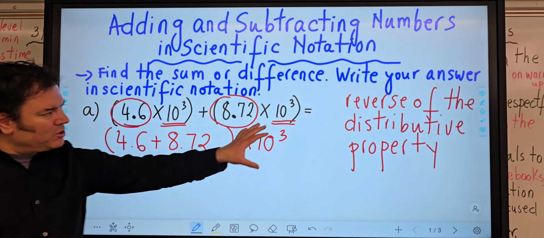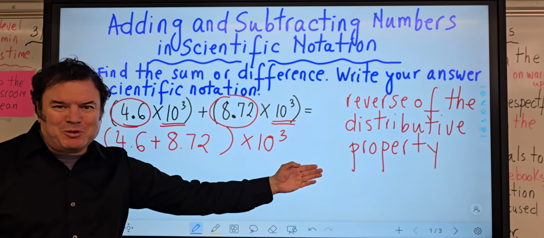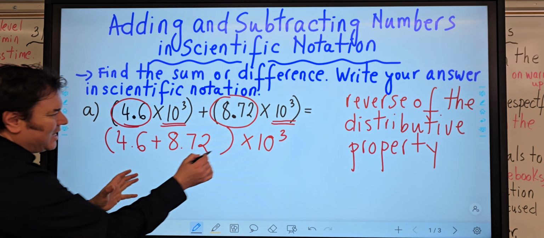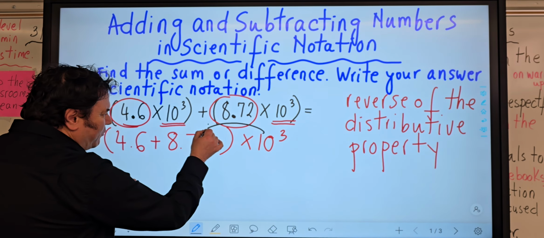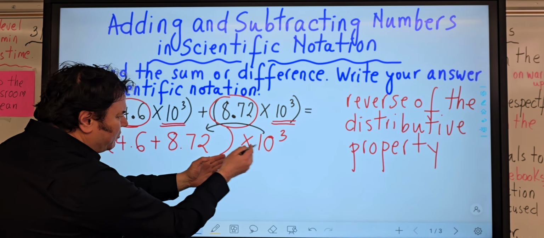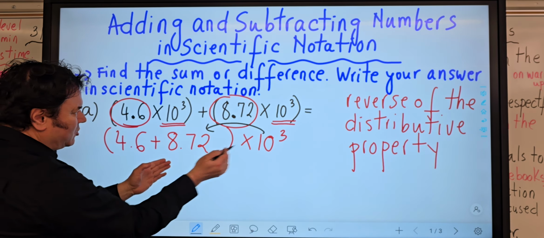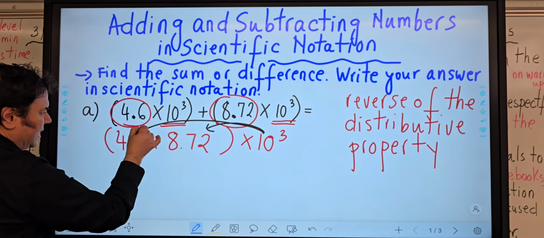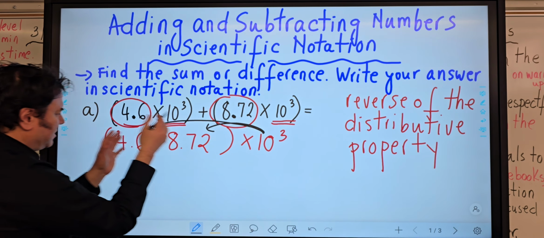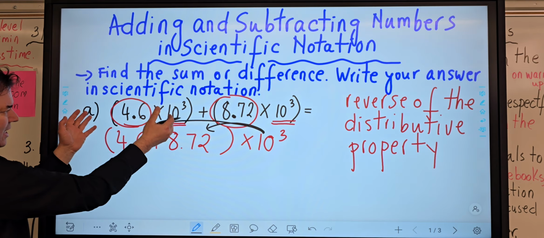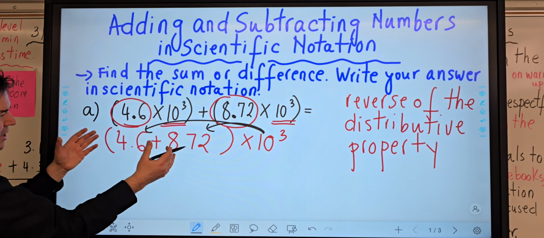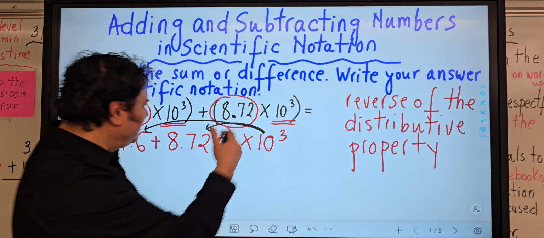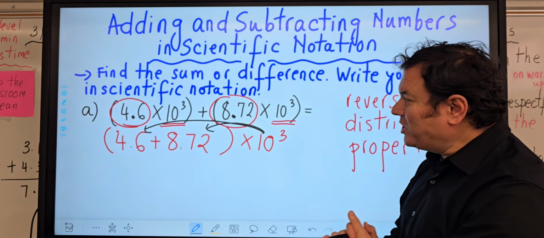So we use the reverse of the distributive property, which means if we go back and if we multiply 10 to the power of 3 times 8.72, we get this quantity. And if we multiply 10 to the power of 3 times 4.6, we get this quantity, which means we get back the initial expression.